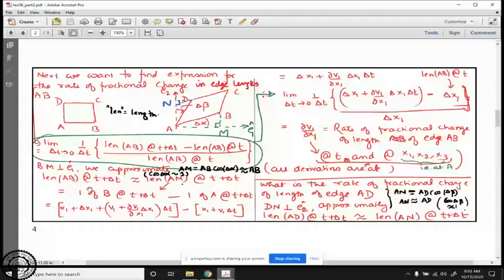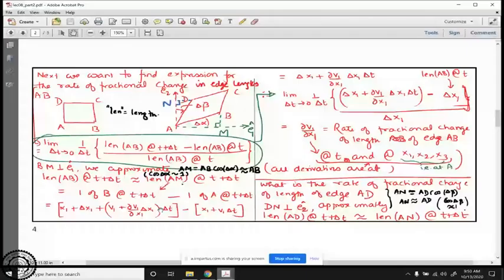Once I realize that, I can write length of AB at t plus delta t is length of AM at t plus delta t, approximately. And what is length of AM at t plus delta t? It will be one coordinate of B at t plus delta t minus one coordinate of A at t plus delta t, right? The difference between the one coordinates of B and A at this instant will give me length of AM.